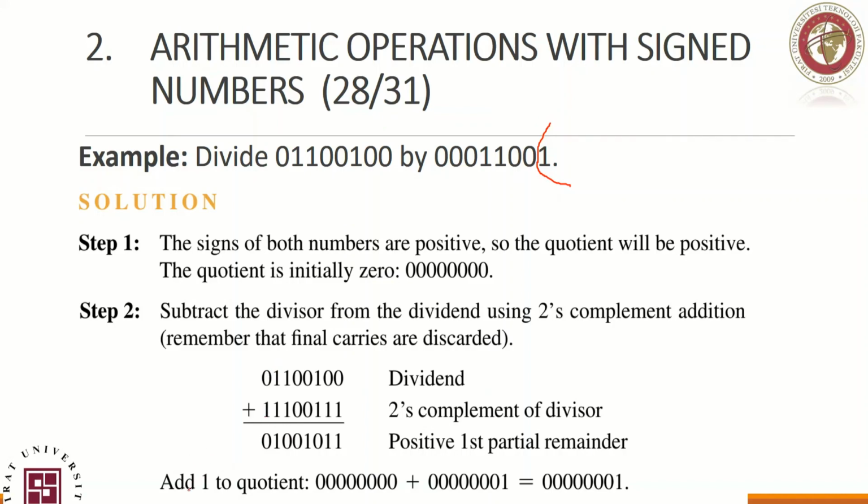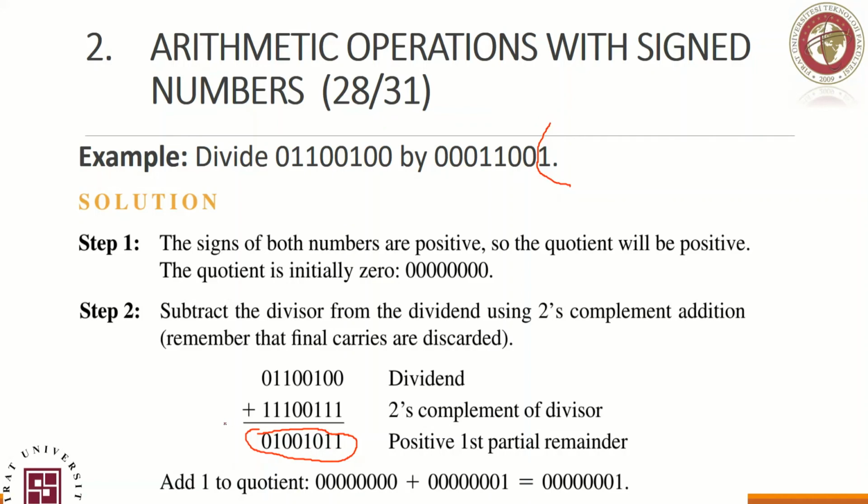Okay, now here's the thing. This is what we call the remainder of the first summation. Actually, it is addition, but summation with 2's complement. Since this one is not 0, okay?